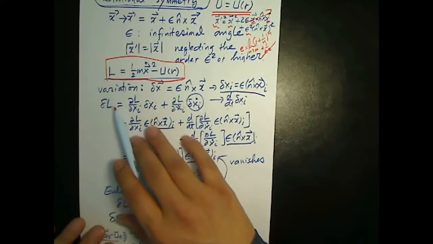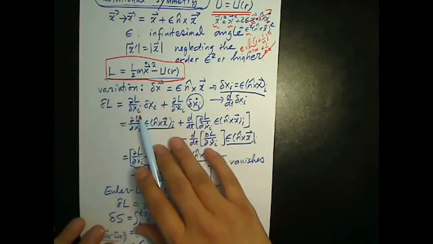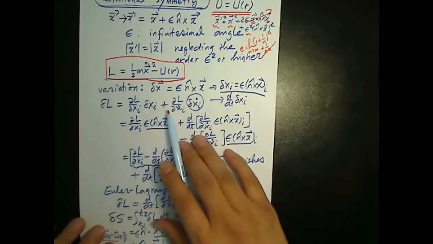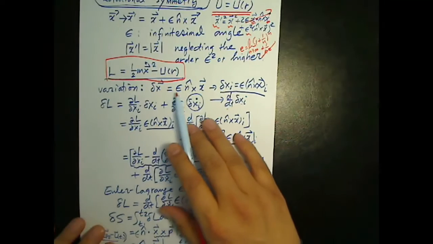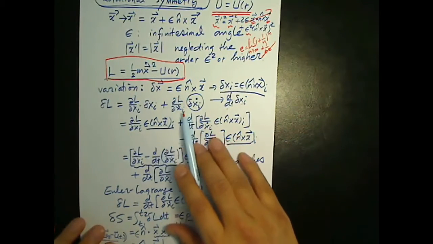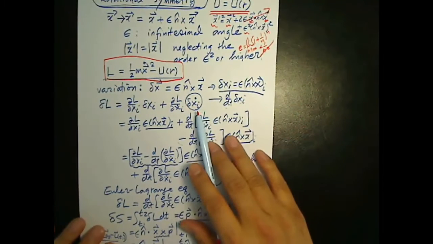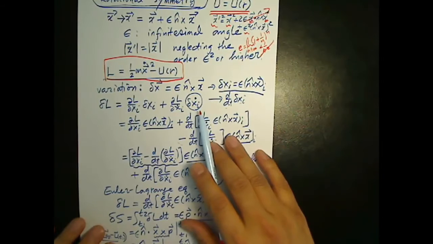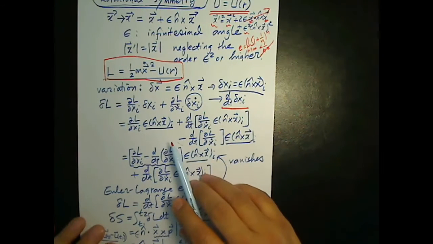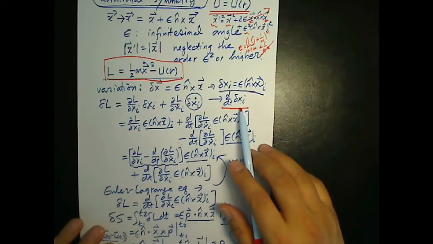The variation of the Lagrangian is the derivative with respect to the coordinate times the variation of the coordinate, plus the partial derivative of the Lagrangian with respect to x dot i times the variation of x dot i. As we already stated, the variation of the velocity is actually the velocity of the variation.